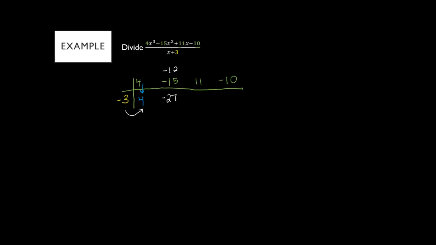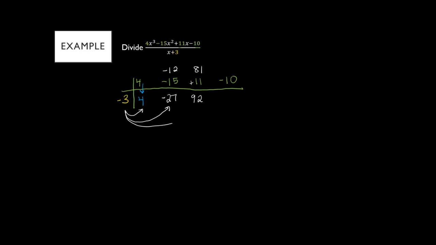That gives me negative 27. Then I repeat the process. I take negative 3 and multiply it by negative 27. I'm going to use my calculator for that. That gives us 81. Then I add 81 plus 11, and I get 92.